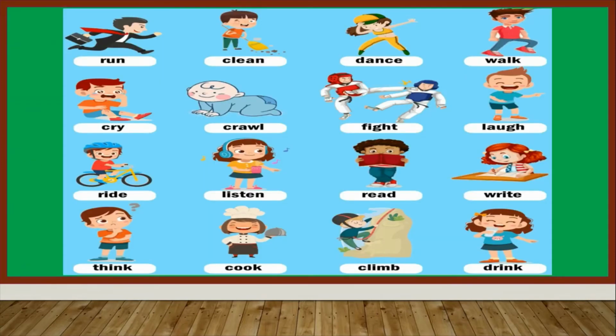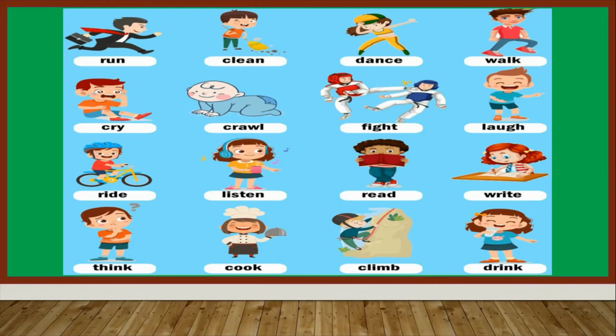Alright friends, here are some more action words like run, clean, dance, walk, cry, crawl, fight, laugh, ride, listen, read, write, think, cook, climb, drink. I hope you are also reading with me because it's very interesting.